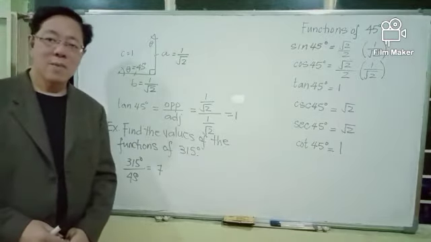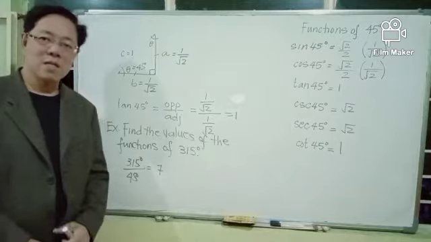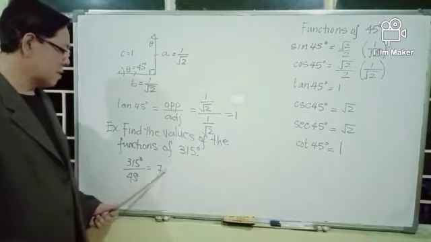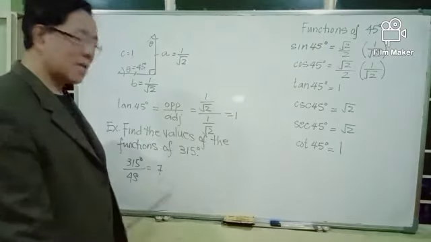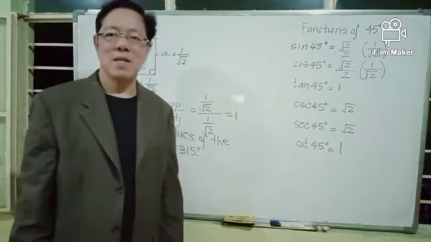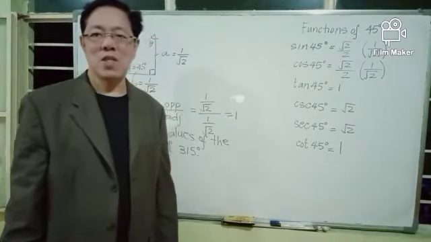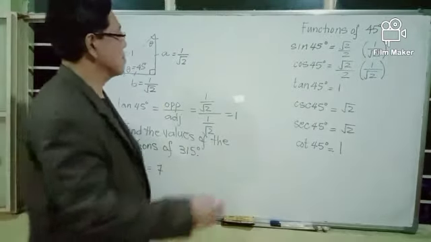So there are 7 45-degree angles in 315 degrees. 7 will be our guide in plotting 315 degrees in standard position in the Cartesian plane.